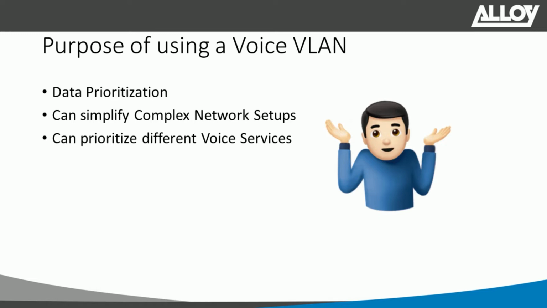Thirdly, a voice VLAN can be used to prioritize different voice services as well. So you can have different class of service priority or DSCP markings, which is a parameter in QoS. So you could have different priorities for different types of voice on your network if you really needed to, which I dare say these days you don't, but you could.